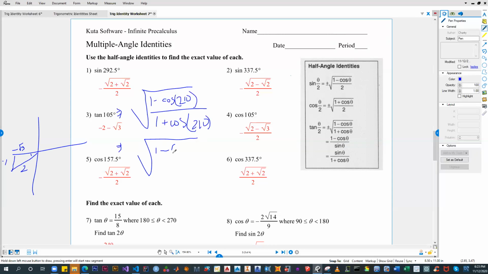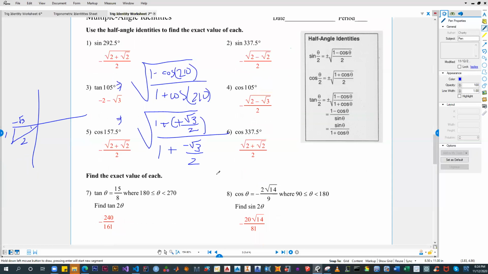So that's going to be 1 minus root 3 over 2, over 1 plus root 3 over 2, and this is plus, another one's minus.